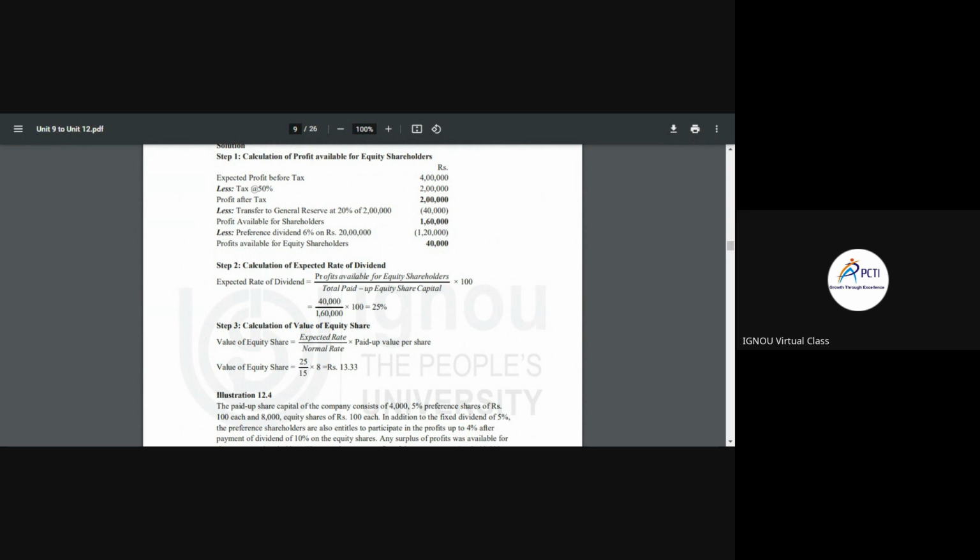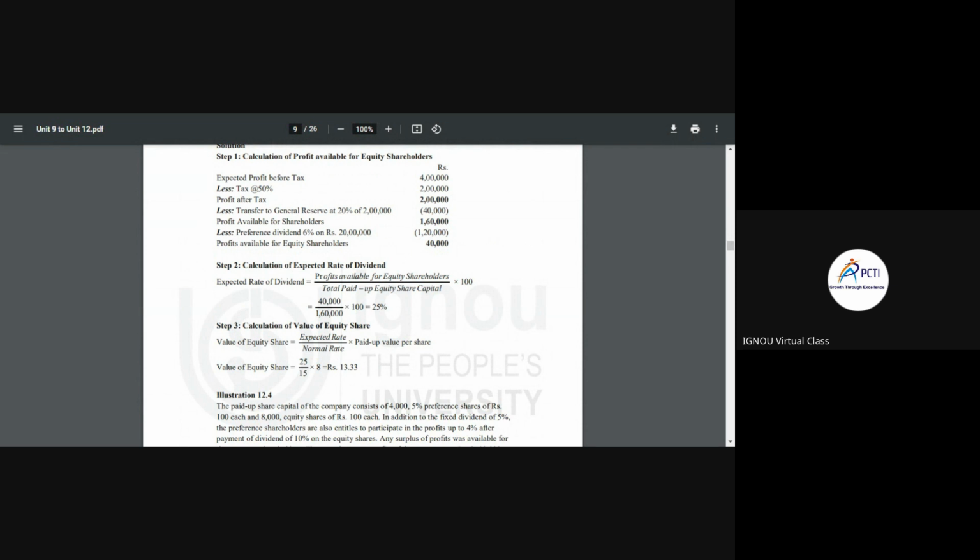And we get the profit available for shareholders, that will be 1,60,000. Then we deduct preference dividend, 6% on 20 lakh, that will be 1 lakh 20,000. And in the end, we have profit available for equity shareholders of rupees 40,000.